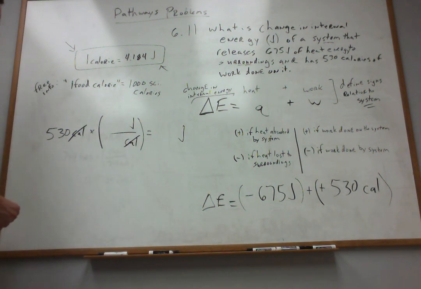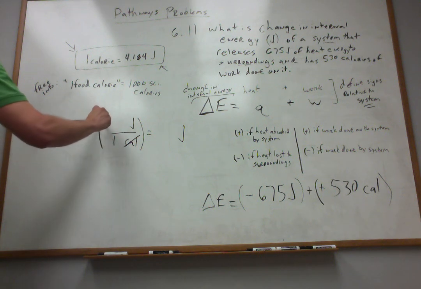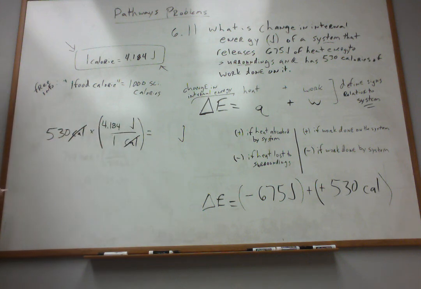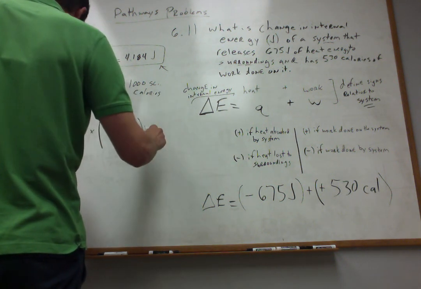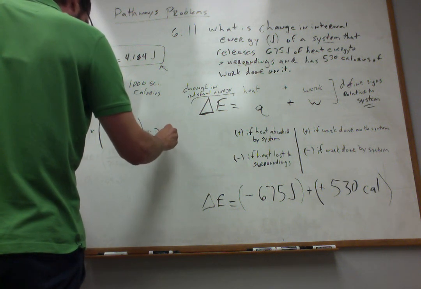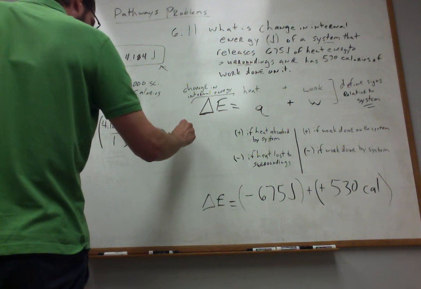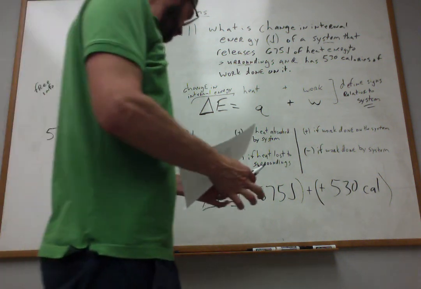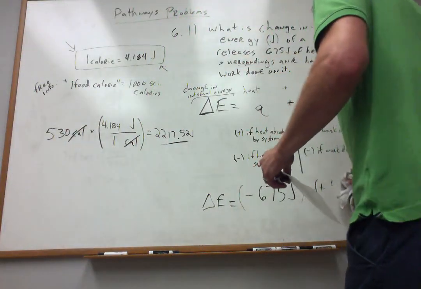Undesirable units in the denominator, desirable on the top. And 1 calorie is equal to 4.184 joules. If I do the work on my calculator, that's 2,217.52 joules, okay?